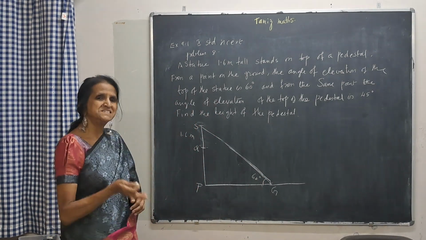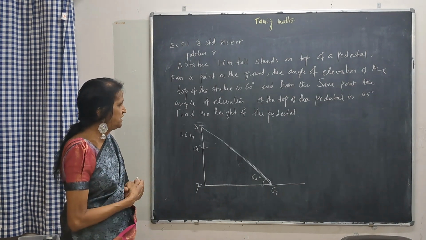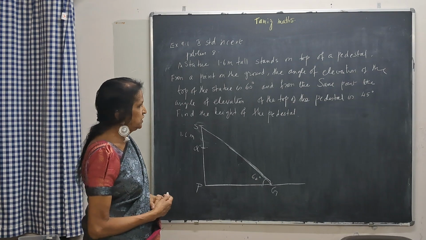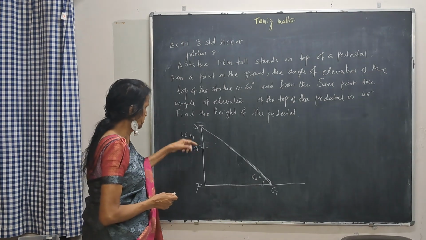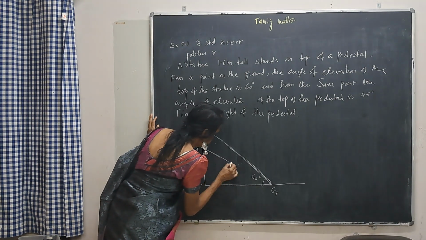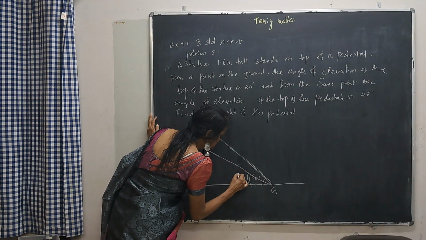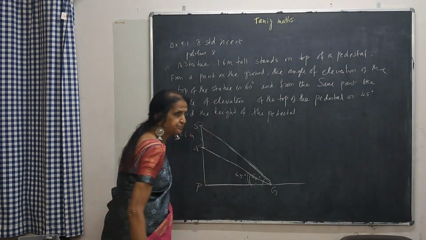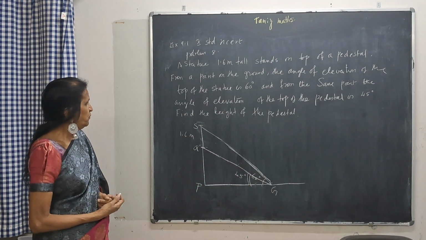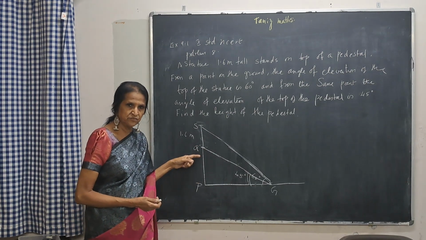And from the same point G, the angle of elevation of the top of the pedestal, this is the top of the pedestal, is 45 degrees. Find the height of the pedestal. This is the pedestal, we have to find the height of that.